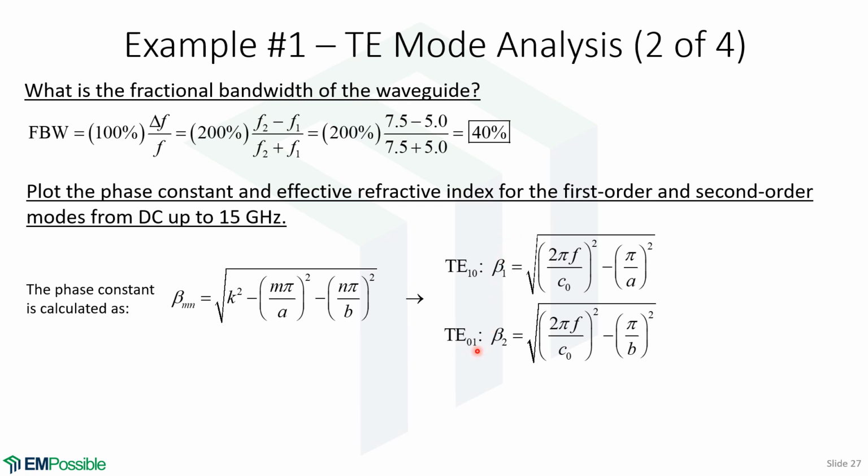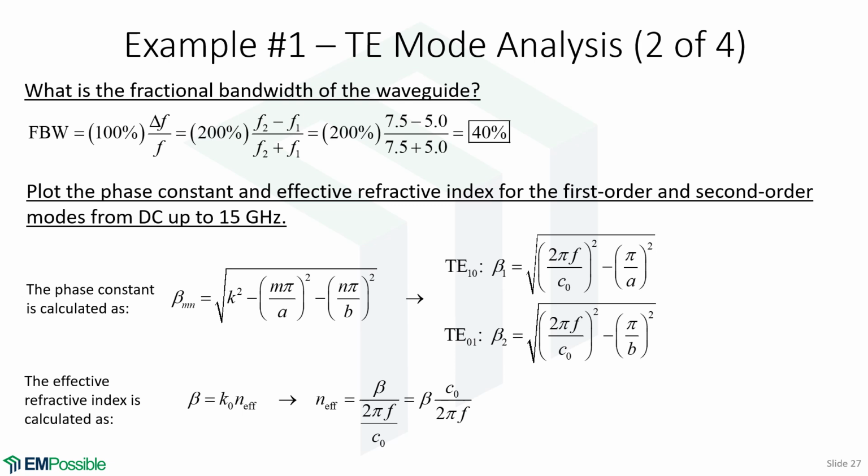If we plug in 0, 1 for M and N, we get a second phase constant. And so we want to plot these as a function of frequency. The effective refractive index is really just our phase constant divided by this K0 term. So once we calculate our beta, we divide by K0, and then we'll get our effective refractive index.